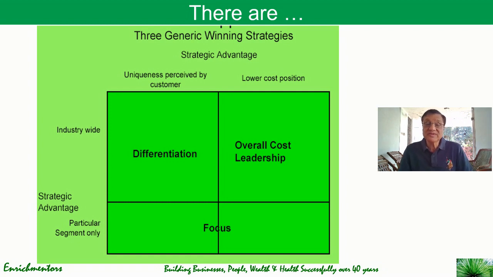This gives rise to four possible combinations, generally summarized as three generic winning strategies, but actually four: differentiation, overall cost leadership, and focus, which is of two types, focus differentiation and focus lowest cost position, or cost leadership. Any questions here?